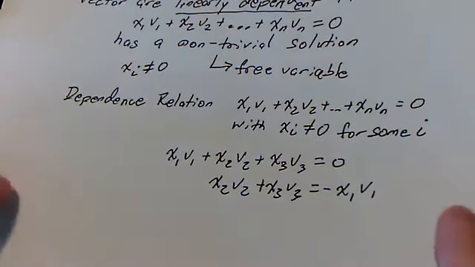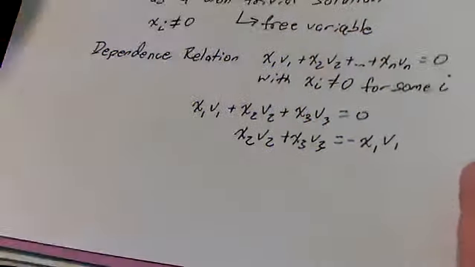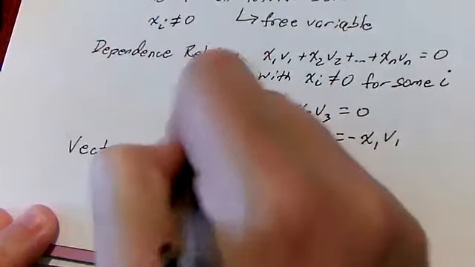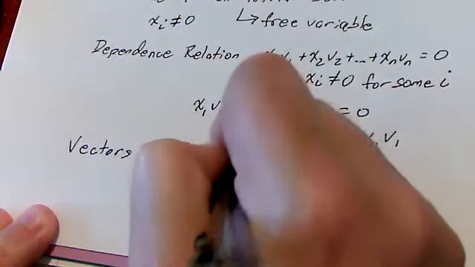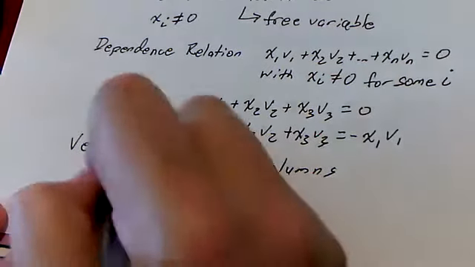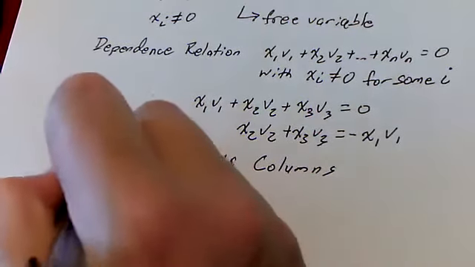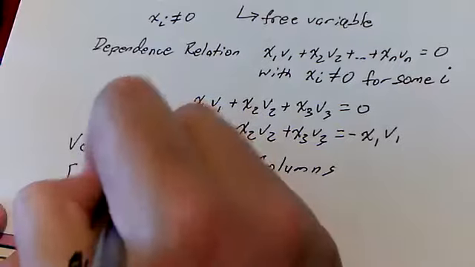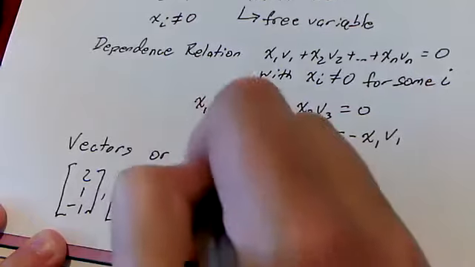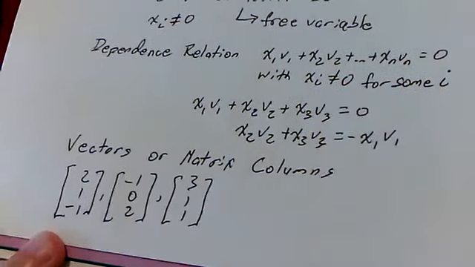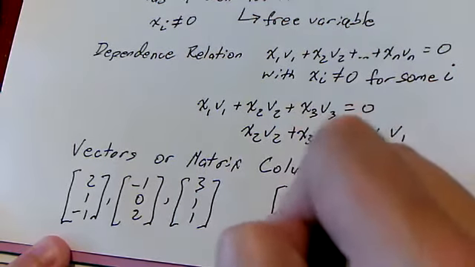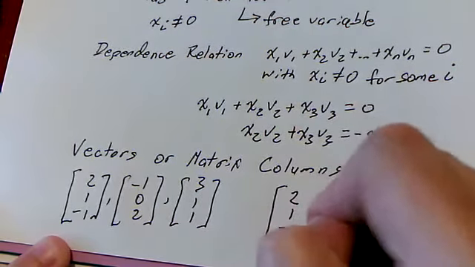Okay? Now, we've talked about it in terms of vectors. We've also talked about it in terms of matrices. So we can use vectors or matrix columns interchangeably. Okay, it applies to both. So if I take my vectors from earlier, I had the vectors (2, 1, -1), my next vector was (-1, 0, 2), and my third vector was (3, 1, 1). These vectors are linearly independent based on what we did in the system, or I could have written it as a matrix originally instead of as a set of vectors.